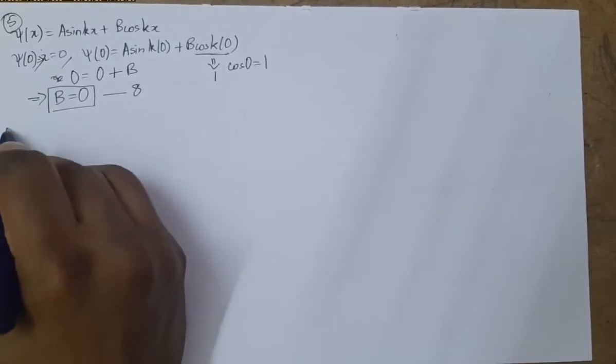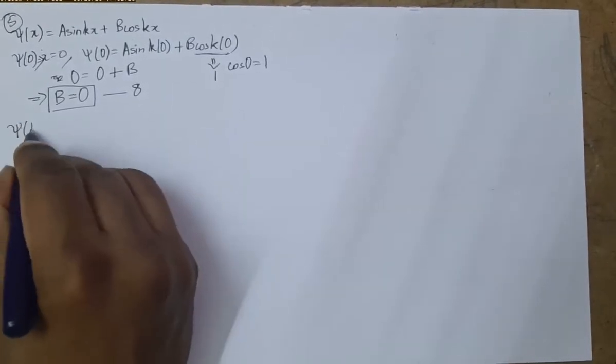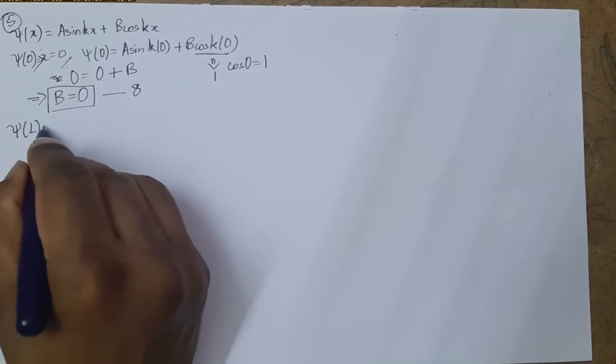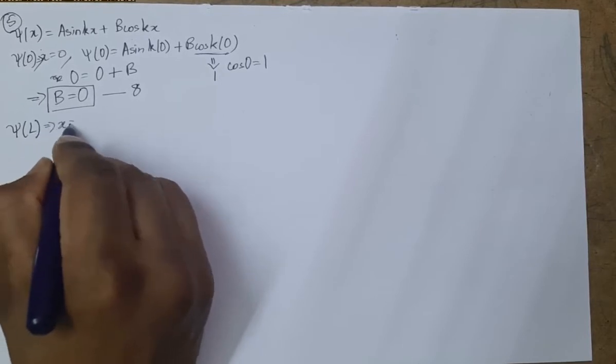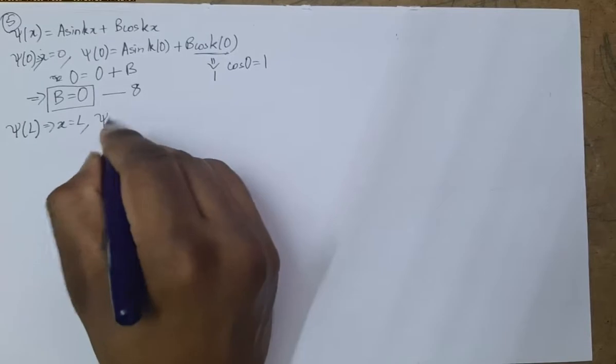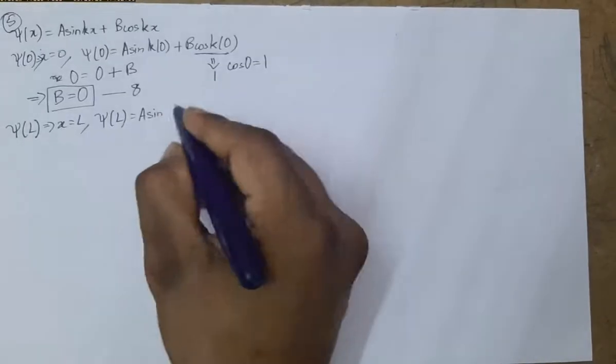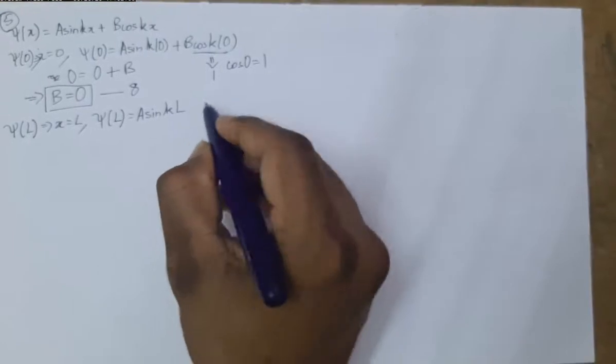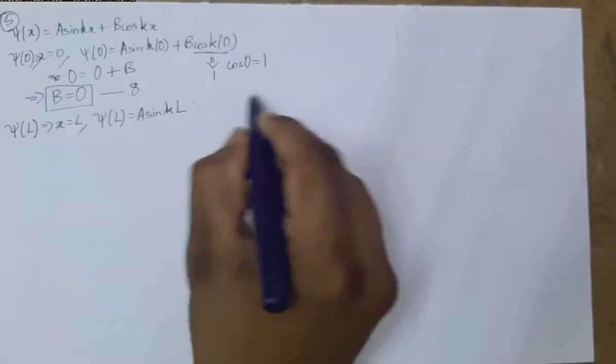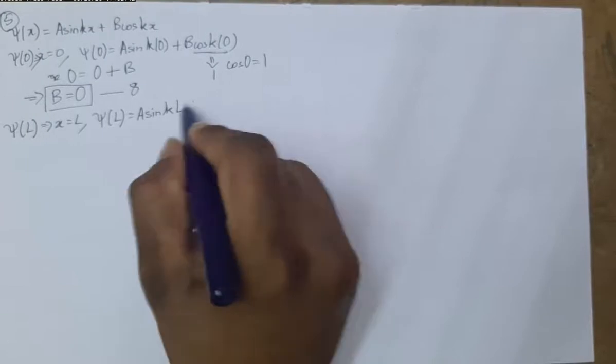Now we will apply the second boundary condition, which is psi of L. That means when x equal to L, we have psi of L equal to a sin KL plus, since b is 0, this term vanishes.